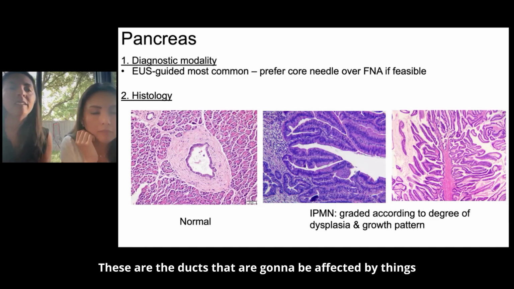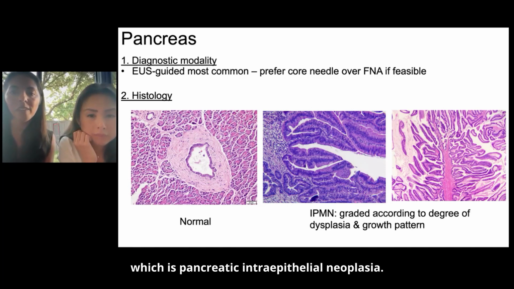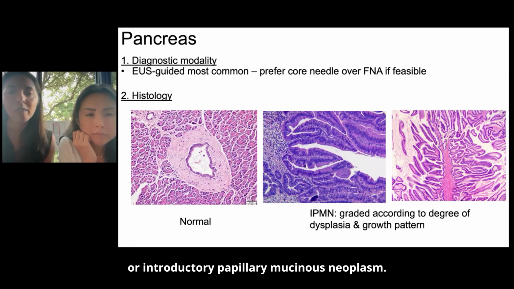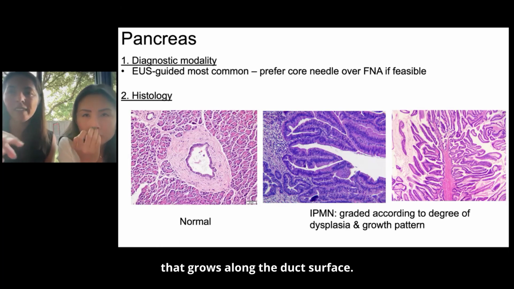These are the ducts that are going to be affected by things like IPMN or PanIN, which is pancreatic intraepithelial neoplasia. What you have here on the right in these two images are examples of IPMN, or intraductal papillary mucinous neoplasm. These are basically going to be a neoplastic process that grows along the duct surface.